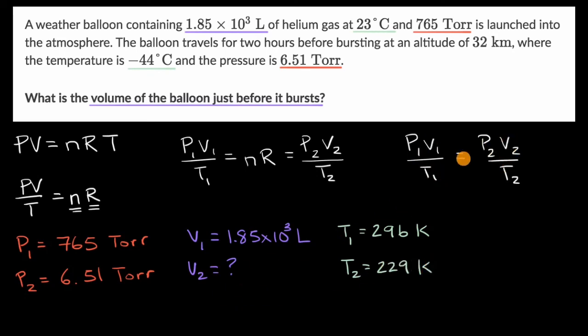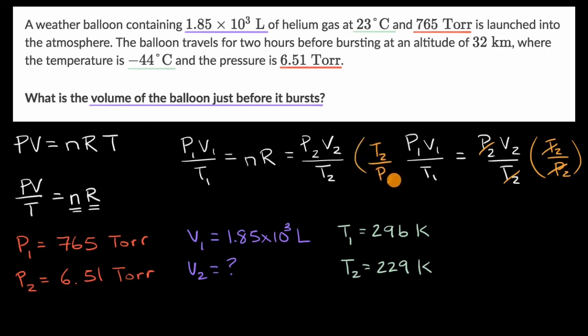And so we have everything we need in order to solve for V2. In fact, we could solve for V2 before we even put in these numbers. If we multiply both sides of this equation times T2 over P2. And the reason why I'm multiplying it times this is so that this cancels with that, so I have just V2 on the right-hand side. Of course, I have to do that on both sides.